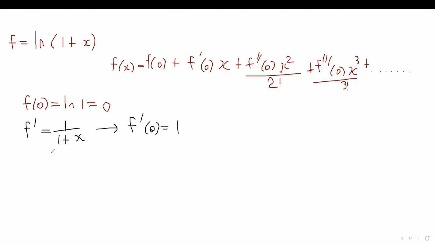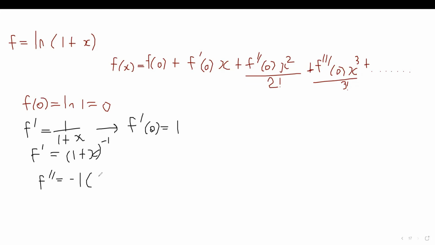Now we need f double prime. Before we can find f double prime, let's rewrite this as (1 + x) to the minus 1, so it's easy to differentiate. We need it to be easy to differentiate all the time. So now f double prime is going to be carry down the power, that's minus 1.